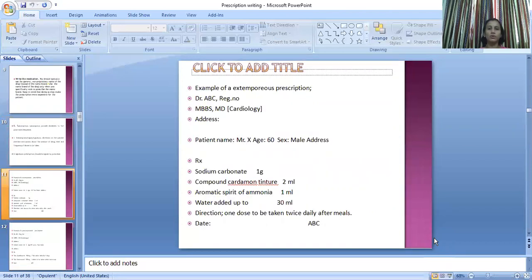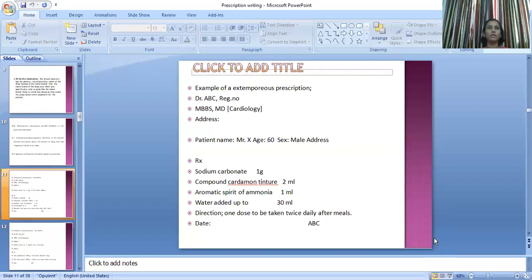This slide shows an example of an extemporaneous prescription. As I already told, first and foremost, it should have the doctor's name along with the registration number, the doctor's address and contact number, followed by the patient details like name, age, gender, address, and contact number of the patient, followed by the symbol RX.